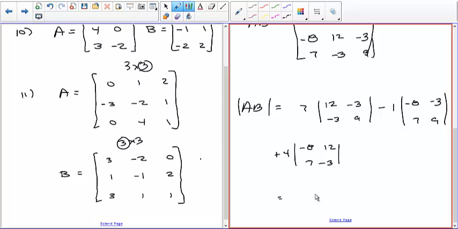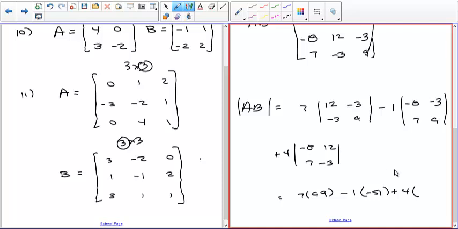So you get 7 times 99 minus 1 times, okay, and you have negative 72 plus 21 is negative 51. And then you get 4 times, here we get 24, negative 8 times negative 3 minus 7 times 12.